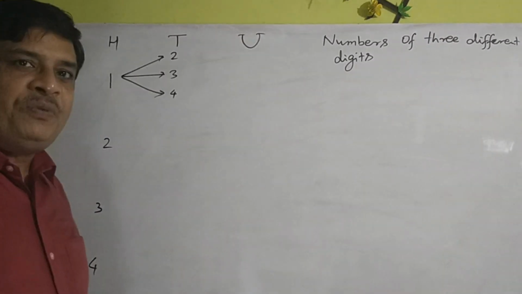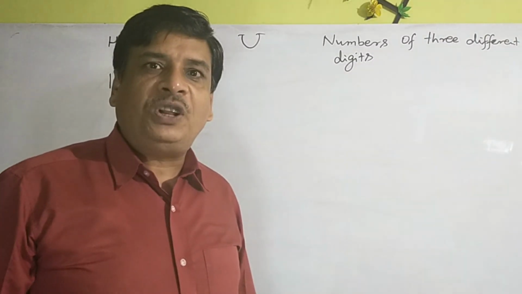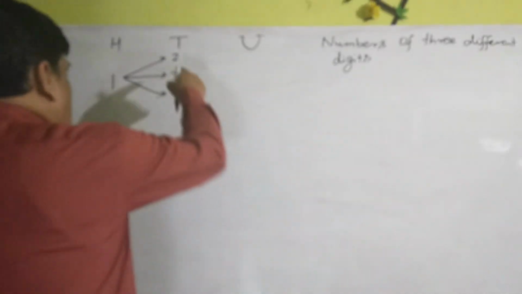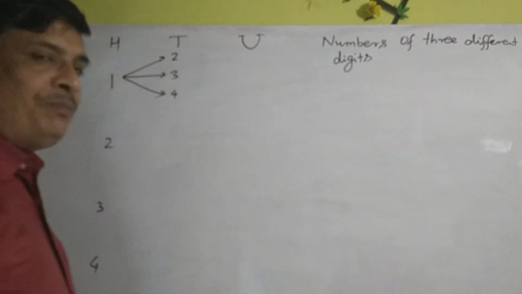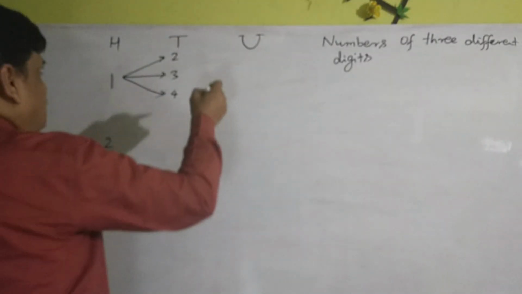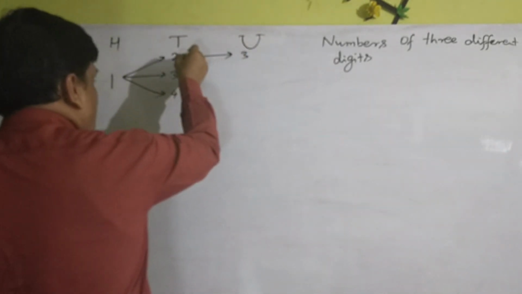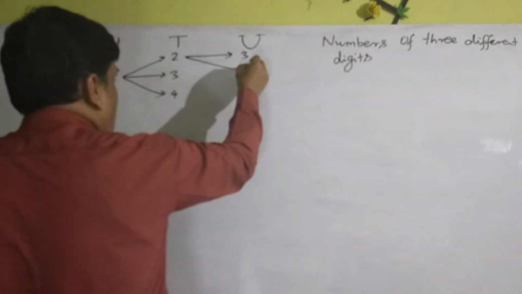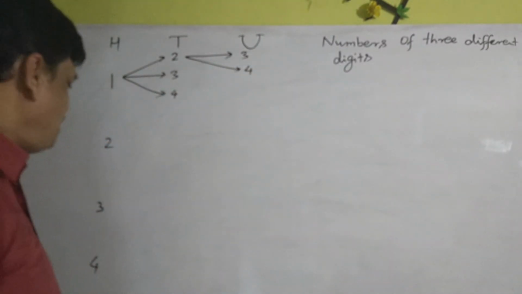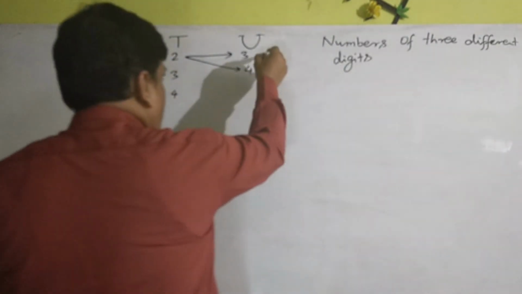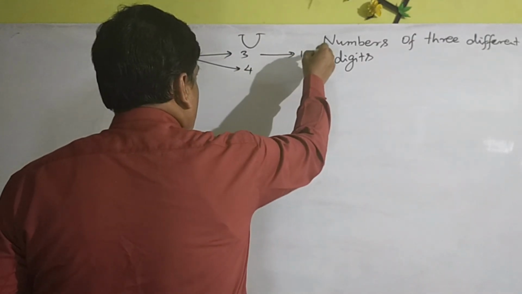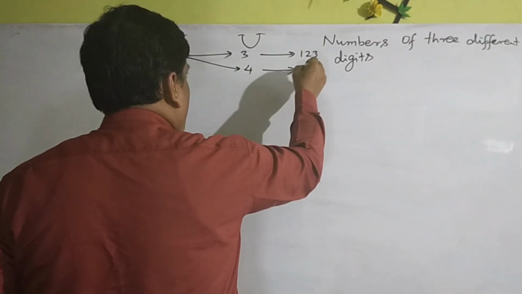If the tens place is filled up by the number 2, then the unit place can be filled up by 3 or by 4. As a result, the numbers will be 123 and 124.